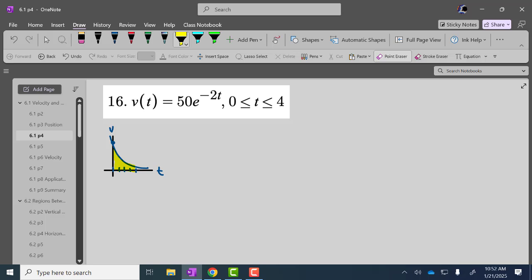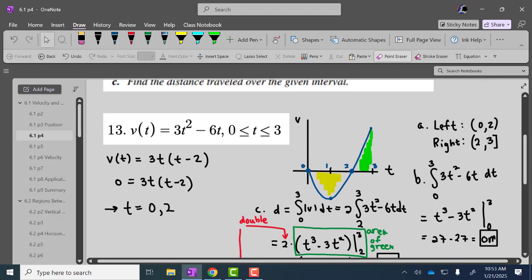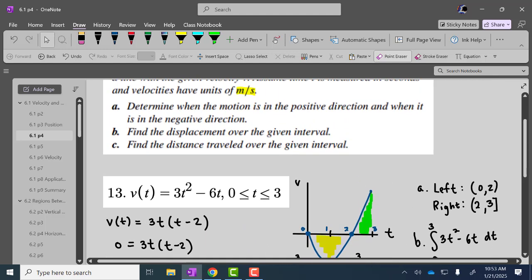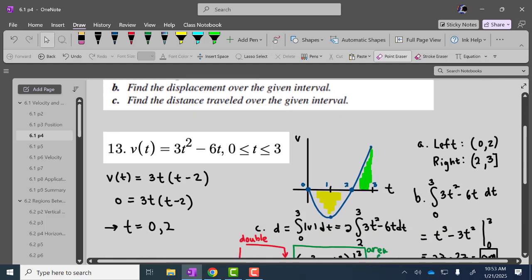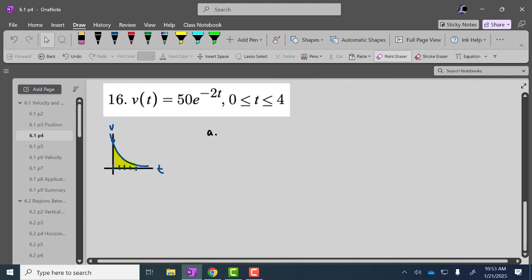Because this velocity function never goes below the t-axis. So that means that our displacement is positive. It means that our distance traveled is going to match. So in part A, it said something about the motion, positive direction and negative direction. It's always in the positive direction.